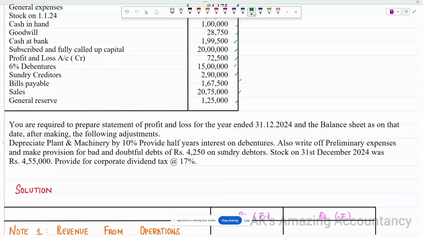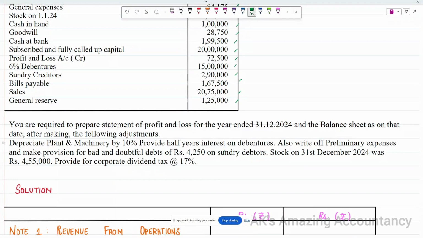Notes 3 to 7 are expenditure notes. You add all this to get the total of expenses. Then from the total of revenue you deduct the total of expenses, and that gives you the profit.